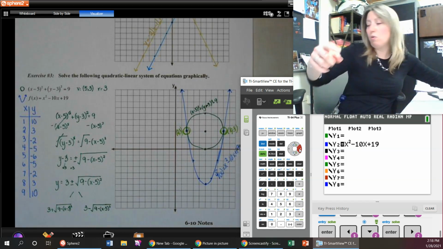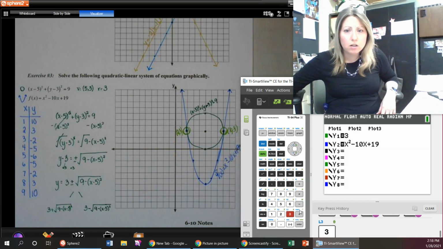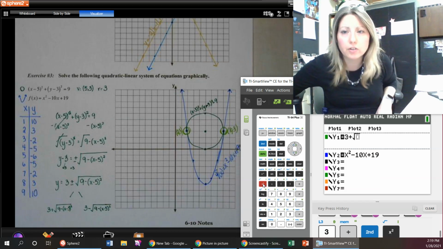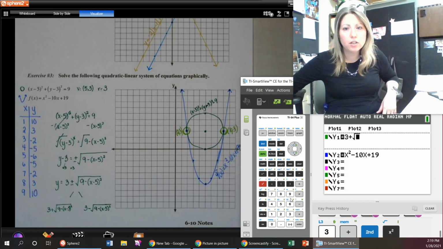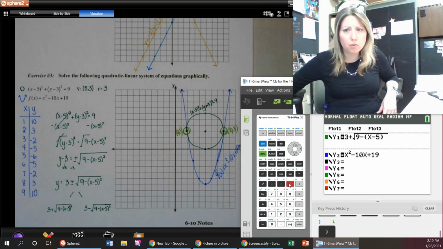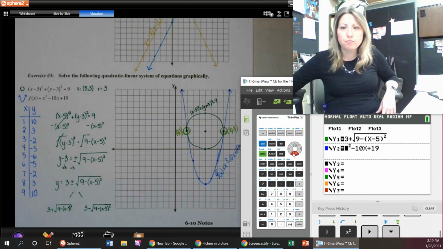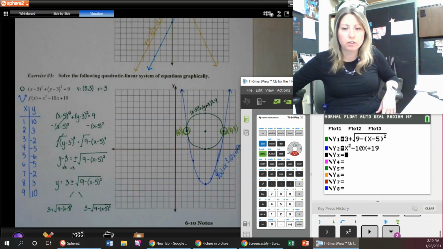So let me show you. In y equals 1, I'm going to put 3 plus the square root, there it is, of 9 minus (x - 5), squared, done. There it is. Then I'm gonna head down to y3 because that's my next open one.